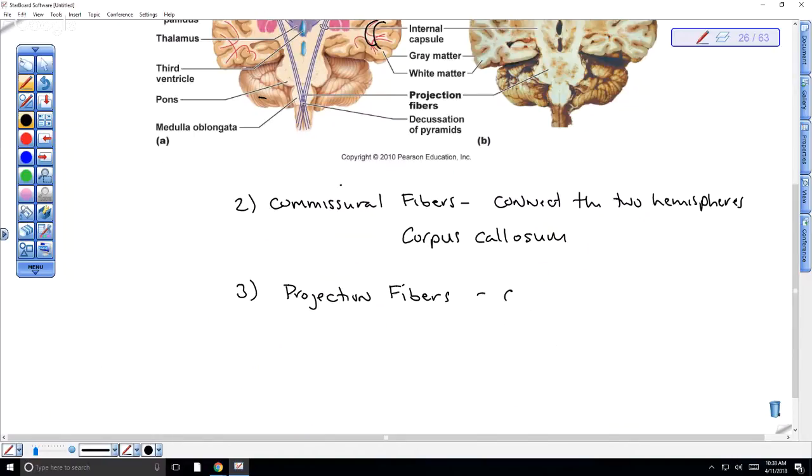So this connects the cerebrum to lower brain centers, such as the midbrain, the brain stem, the hindbrain, or the spinal cord, which is actually not part of the brain, but part of the central nervous system. We talked about one of those just recently. What was that called, where you go from the motor cortex down to the spinal cord? The example would have been the corticospinal tracts, right? So this is an example.